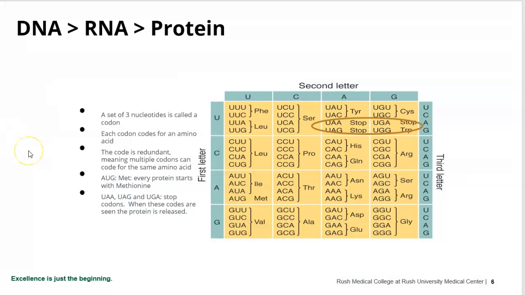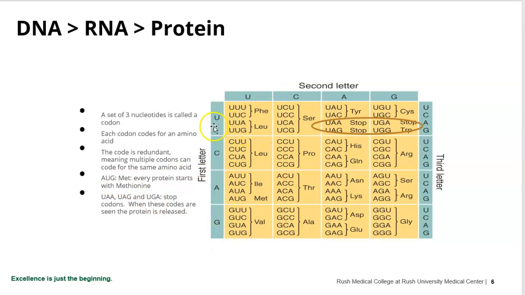This is something you've probably seen long ago. The DNA makes a copy of RNA, and the RNA is the sequence of the DNA, except instead of T, we use U. If the sequence is UUU, we're going to put in a phenylalanine.